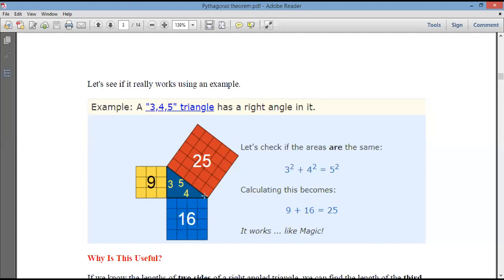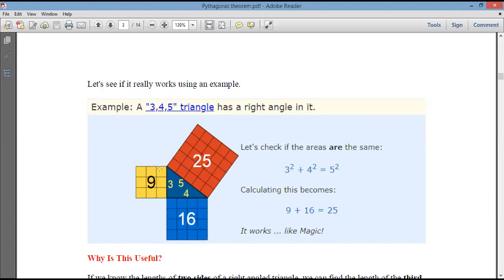And since the hypotenuse is 5, the area of square C is 25. So square A is 9, square B is 16, and square C is 25. Let's check whether it's the same. 5 squared is 25, which equals 16 plus 9. Okay, so it works.